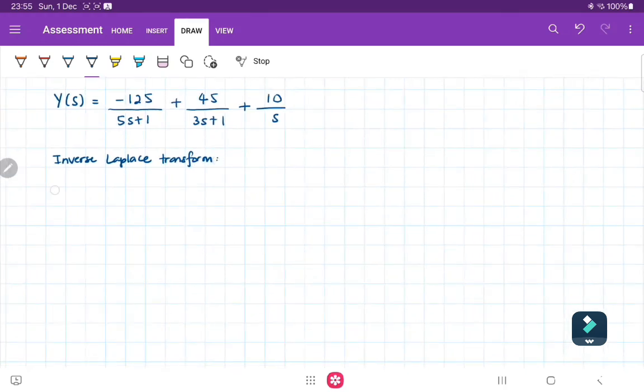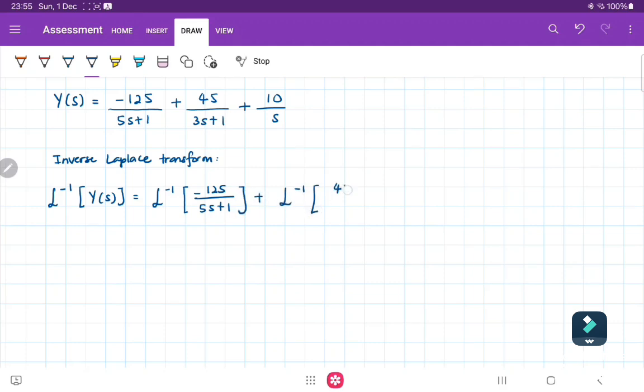So what we are going to do, we are inversing all terms that we have so that we can have our y of t. Okay, so in this case, minus 125 over 5s plus 1 plus inverse Laplace 45 over 3s plus 1 plus the inverse of all terms.